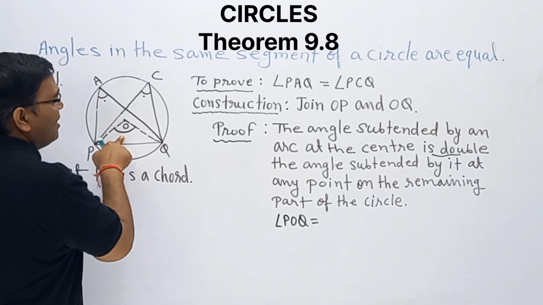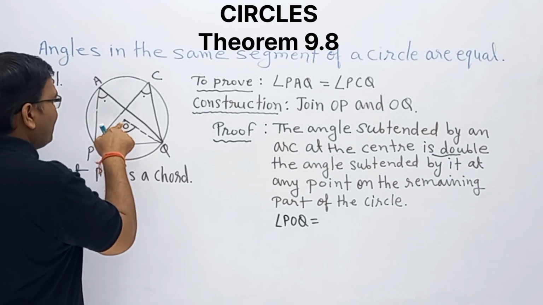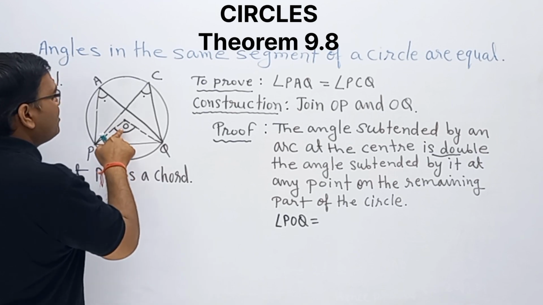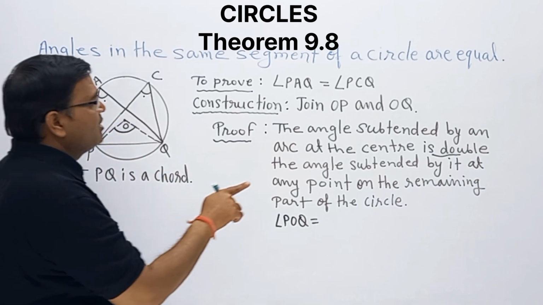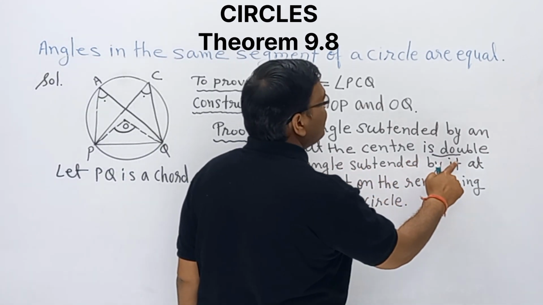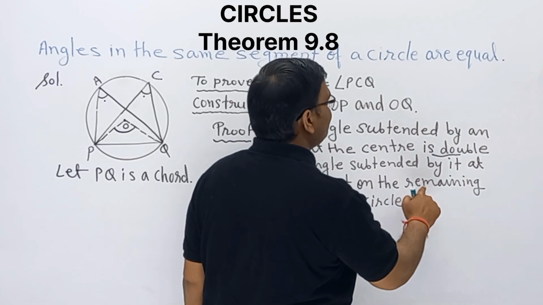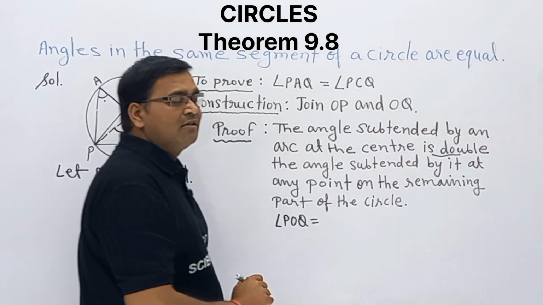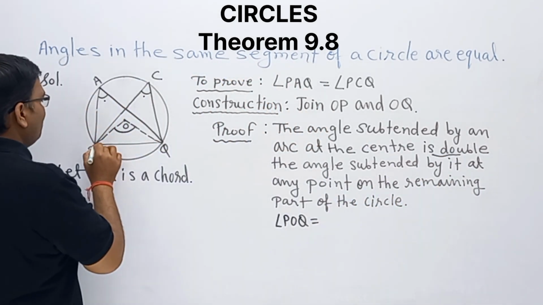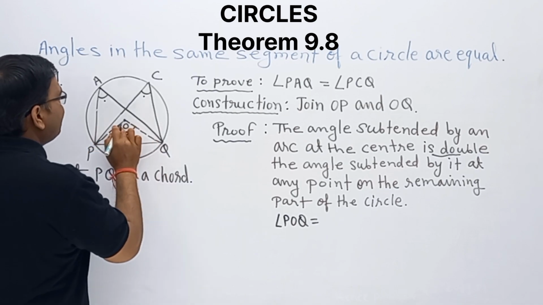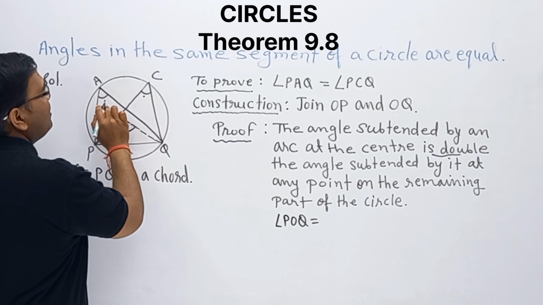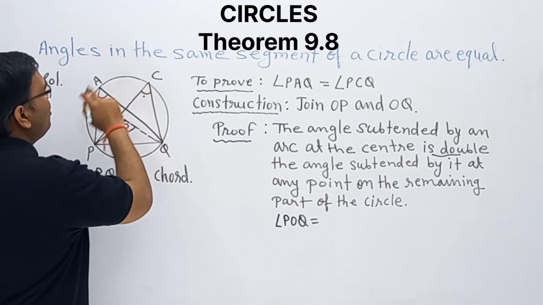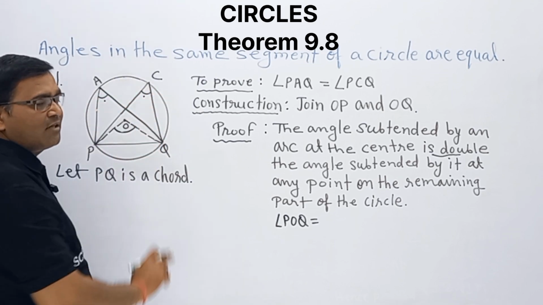So due to this arc, the angle at the center will be double the angle at any other point on the remaining part of the circle.